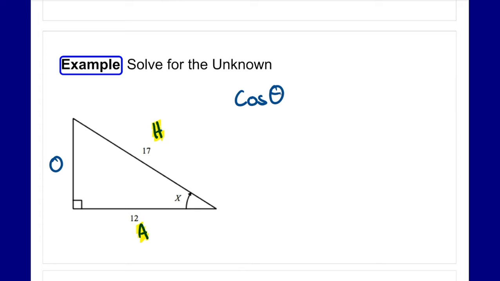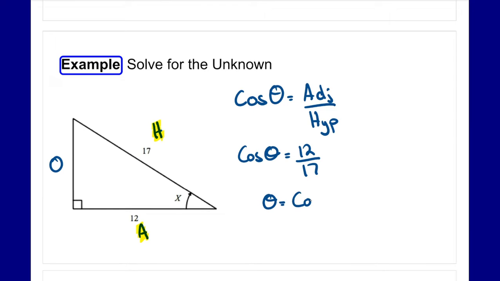So cosine theta is equal to adjacent over hypotenuse. Because I'm finding my missing angle, I should be given two sides, which I am. So cosine theta is equal to the adjacent, which is 12, divided by 17. I'm going to get theta by itself by moving the cosine over. It becomes cosine to the -1 of 12 over 17.